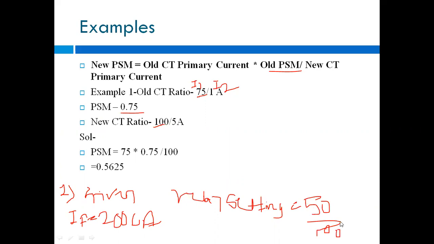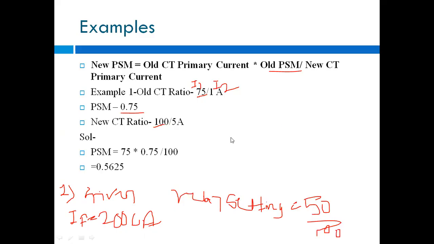Now, just like in the first example where we found the secondary fault current, likewise here we have to find the relay current setting.